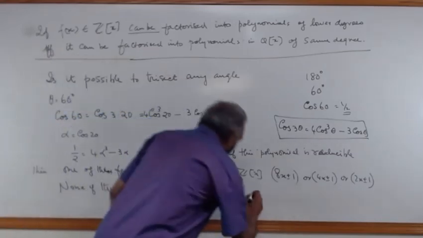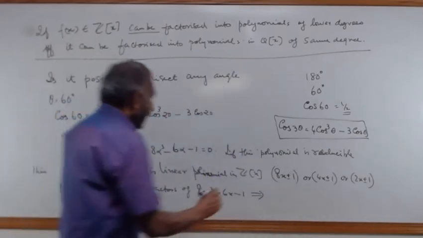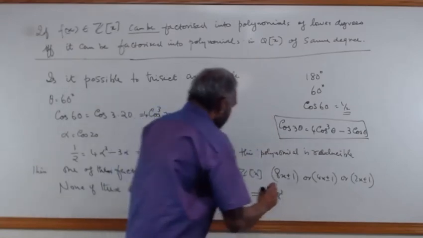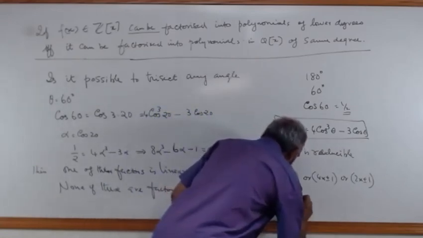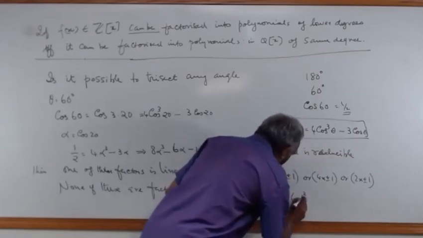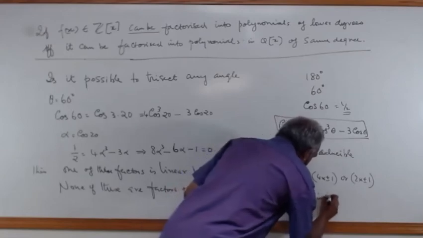And that implies 8x cube minus 6x minus 1 is irreducible.